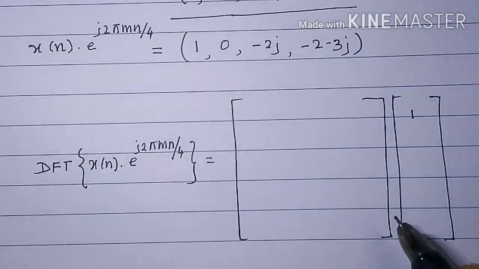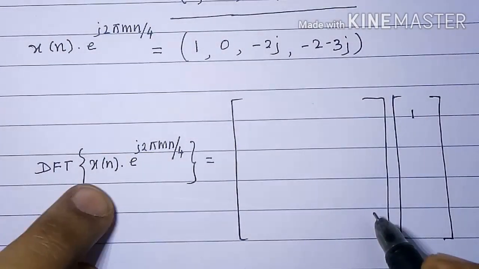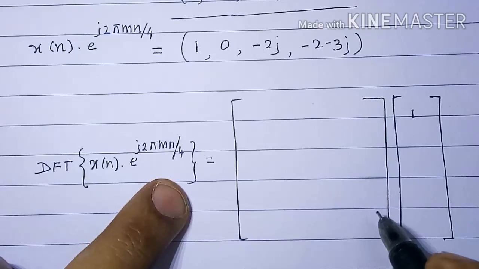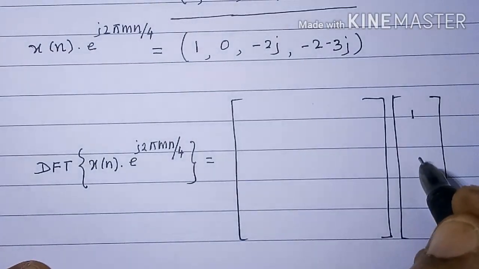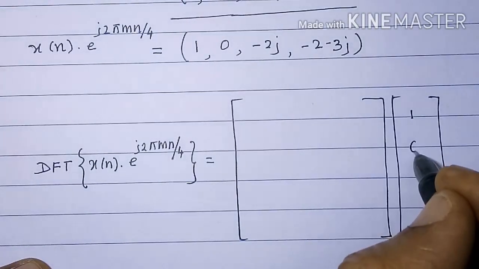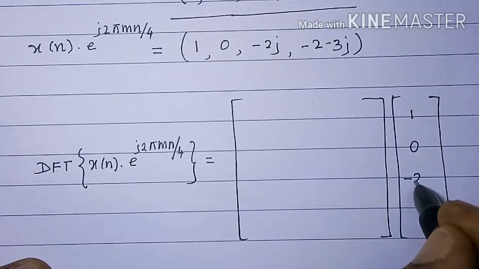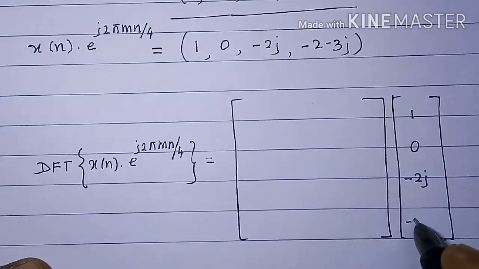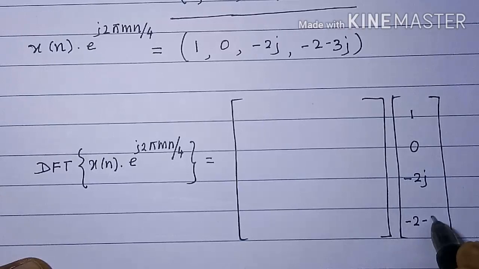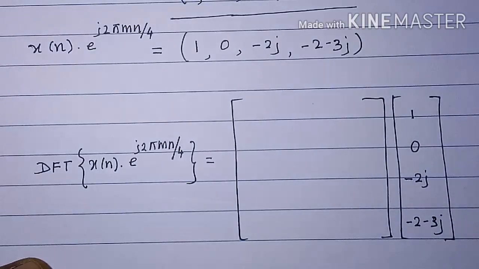this is x of n into e raised to j2 pi mn by 4 matrix. It's a column matrix: 1, 0, minus 2j, minus 2, minus 3j.